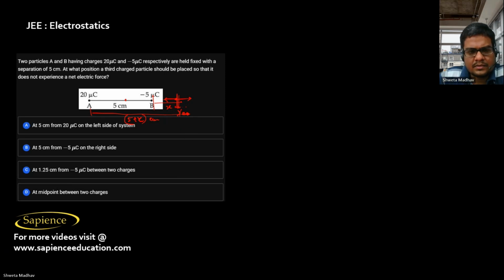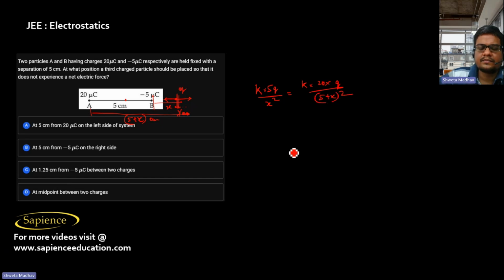Then you can say, let's say its charge is q, so k into 20q, k q1 q2 by r square, that should be equal to k q1 q2 by 5 plus x whole square. This x we have to find out. So obviously we should keep it on the right side of the minus 5 microcoulomb.